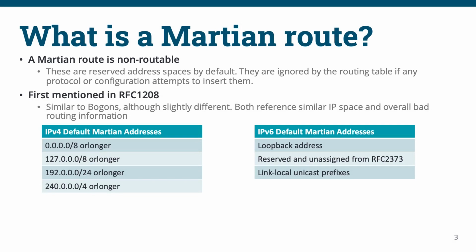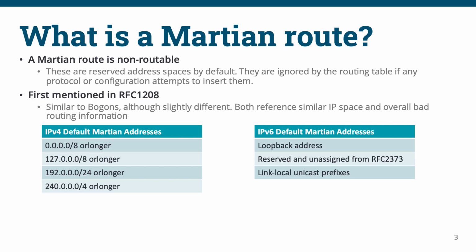The classification of Martian addresses was first mentioned in RFC 1208. The need for this classification arose to handle packets which arrive erroneously or are destined for obviously incorrect address space, like those which are reserved.